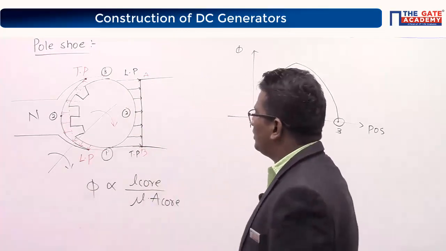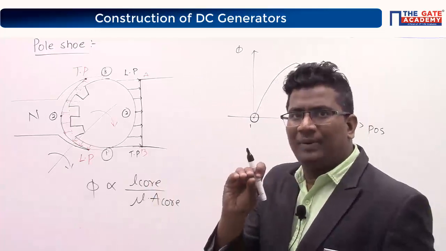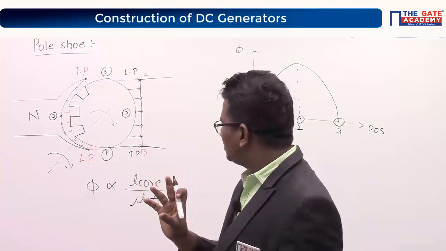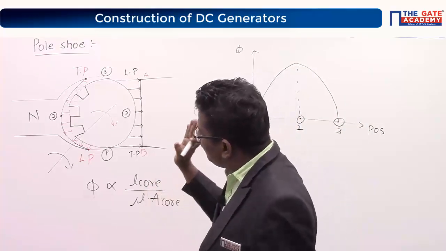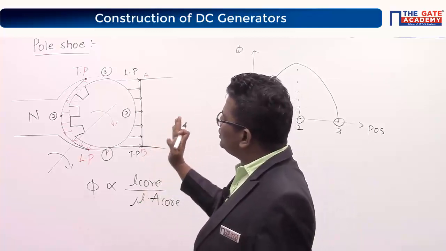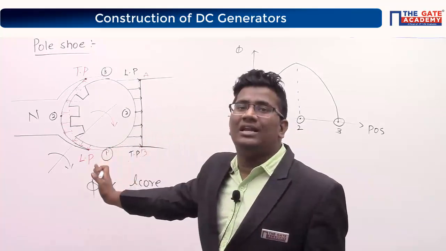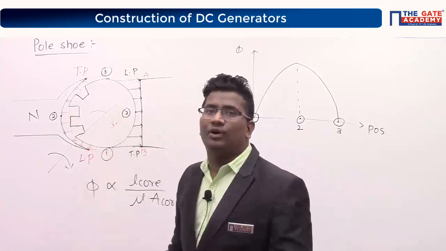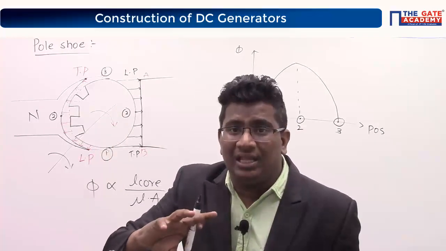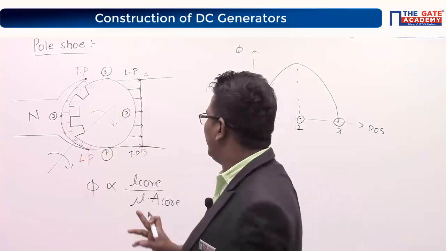Now, don't go anywhere. Please concentrate. Very important discussion it is. From position 1 to the leading pole tip, is the air gap slowly decreasing or not?